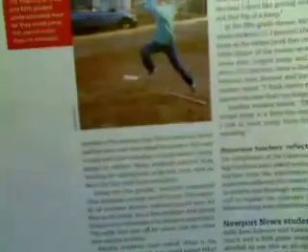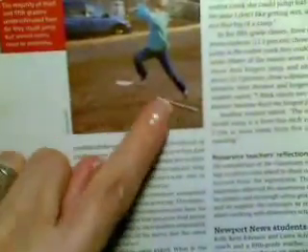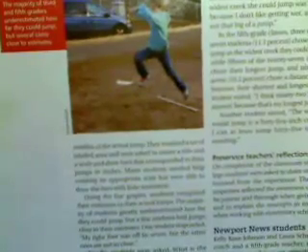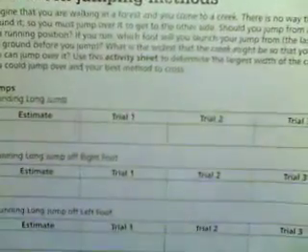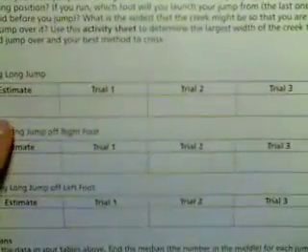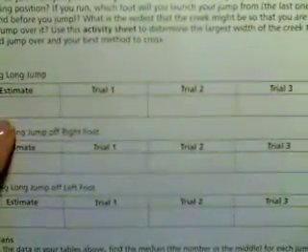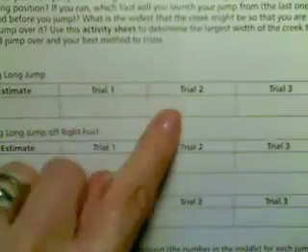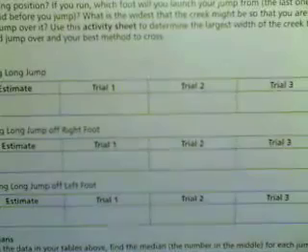And then you set up the scenario where you have your tape measure and you have the students jump, and then you might give them a table where they have an estimate as to how far do you think you can jump, and then they get 3 tries in order to do that.